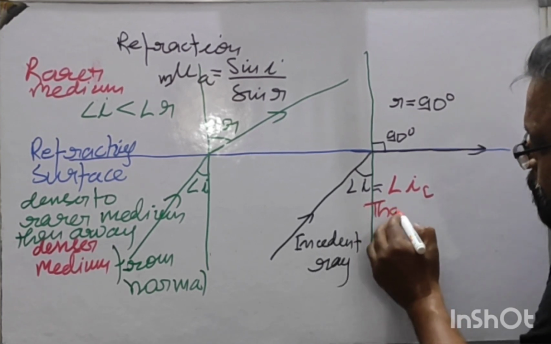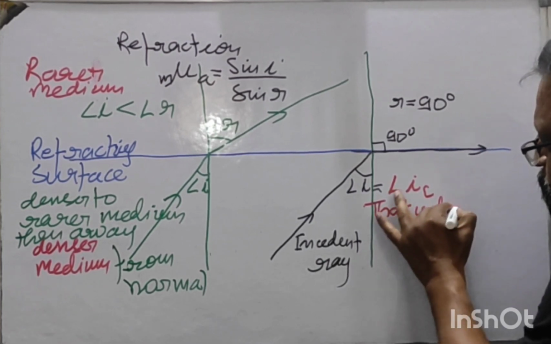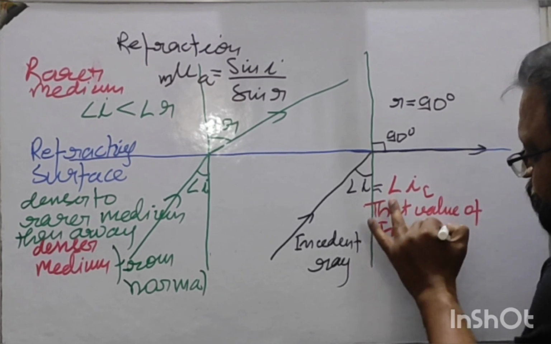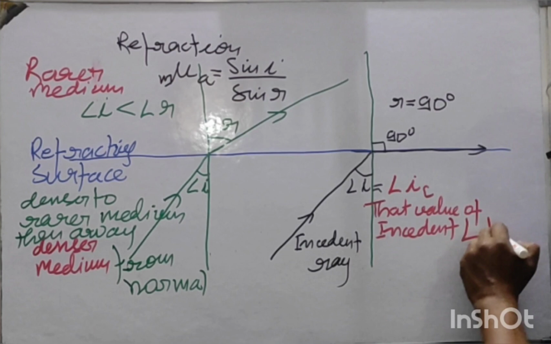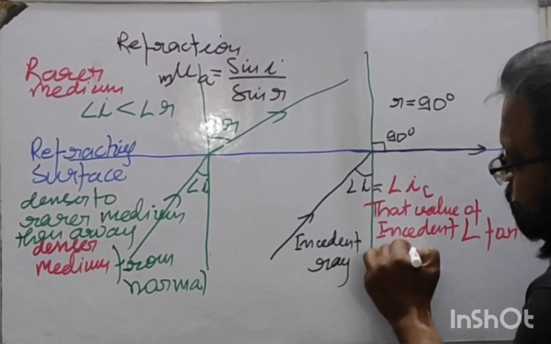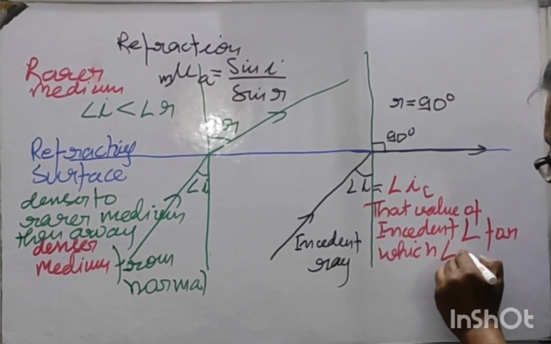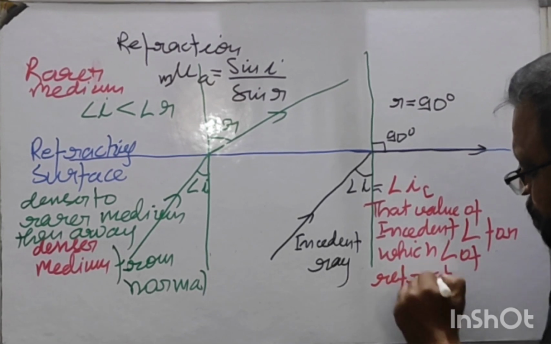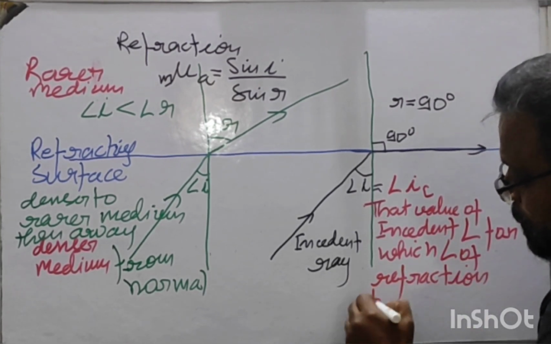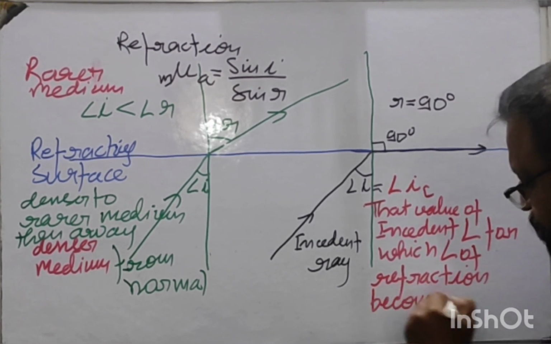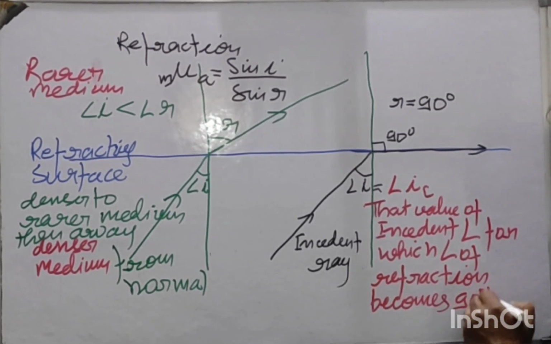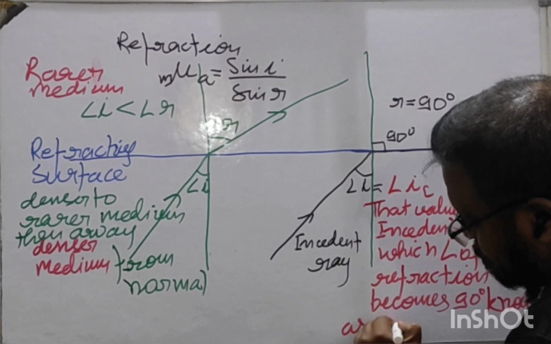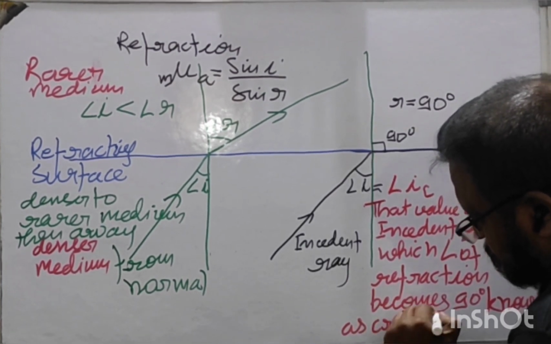That value of incident angle for which angle of refraction becomes 90 degree is known as critical angle.